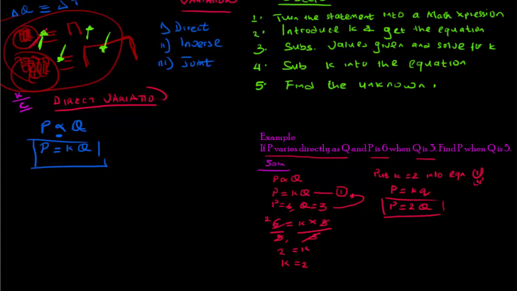The question says, find P when Q is 5. So Q = 5. I substitute it into this equation. So P = 2 times 5. It then means that P = 10. This is my answer. So following the steps above, you can easily solve any question under variation.